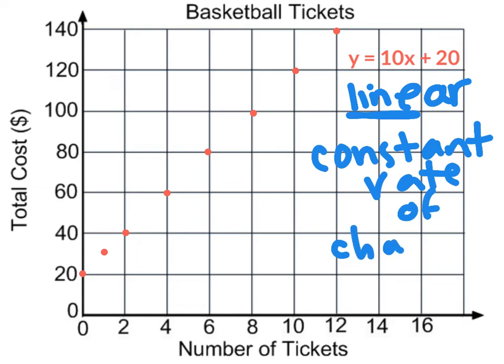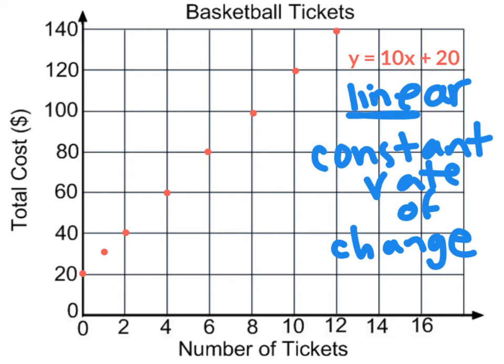Notice that when we had a proportional relationship, like if we just had y equals 10x, that would have been linear as well, except it went through the origin. So this is a linear relationship because it's a line created with a constant rate of change, but it doesn't have to just be through the origin.